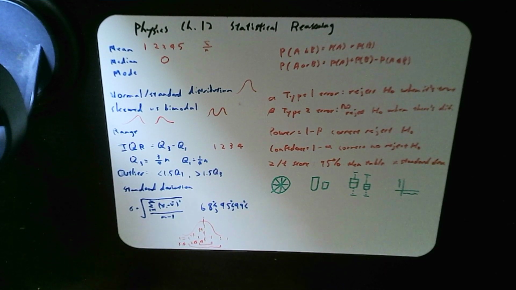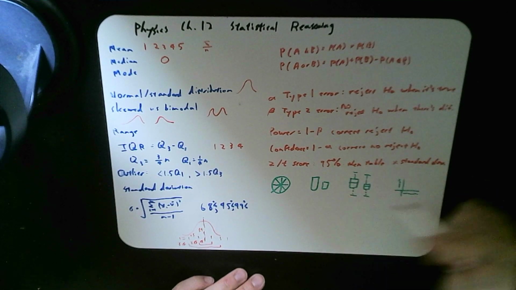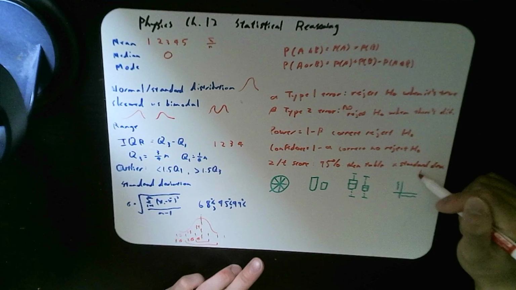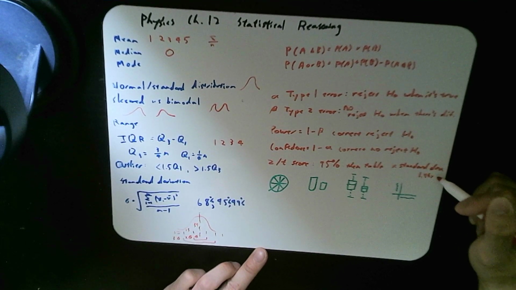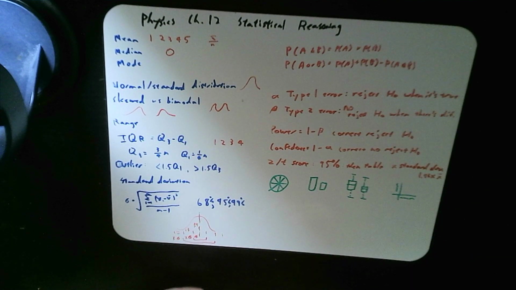If you're looking within 2 standard deviations away, that's usually 1.96 for 95%. You do 1.96 multiplied by the standard deviation, and then you should get your values, and you just add or subtract that from the mean, above or below, and you should get your range.